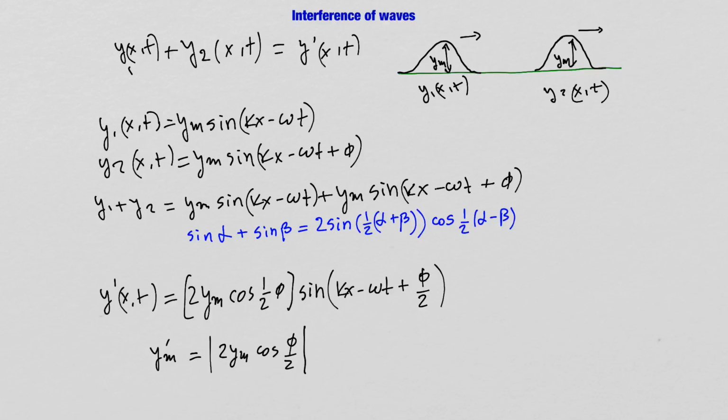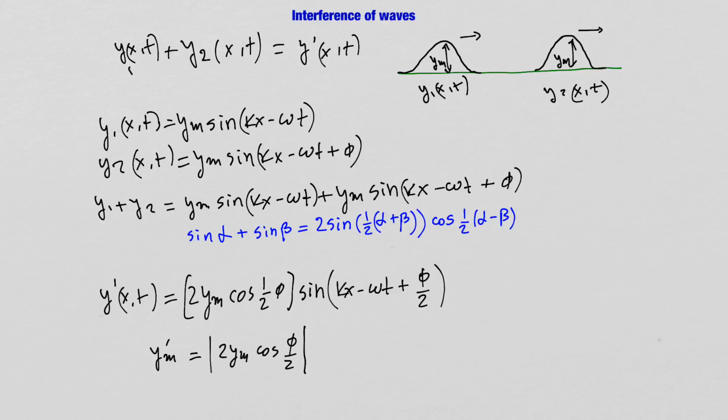So for those two values of the phase angle phi, we get a resultant wave with maximum amplitude. And for any other values of phi, we get amplitudes that are smaller than the maximum, and of course the amplitude of 0 is included in that.